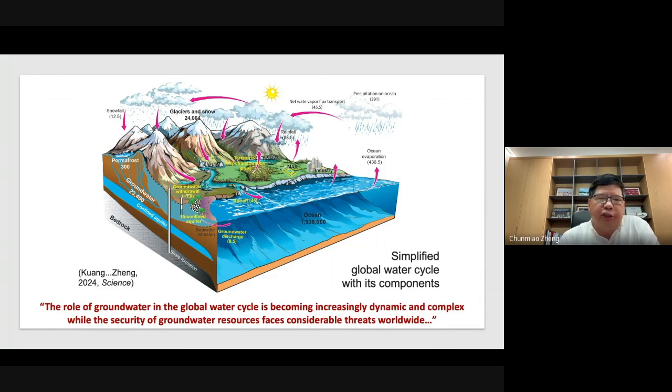And the overarching conclusion is the role of groundwater in the global water cycle is becoming increasingly dynamic and complex. And the security of groundwater resources faces considerable threat worldwide. And we describe what those threats are in the review paper.